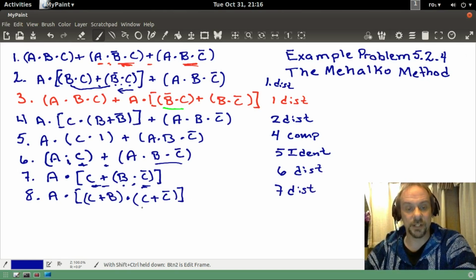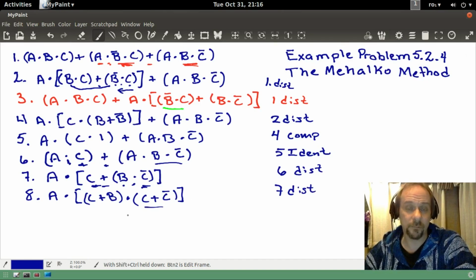Of course, the C or not C here will cancel out to 1 through identity. So that will leave just, and then it will drop out. Sorry, cancel out to 1 through complement and then drop out through identity. So I'm just going to put those all in one line. Maybe I'll put them on 2.